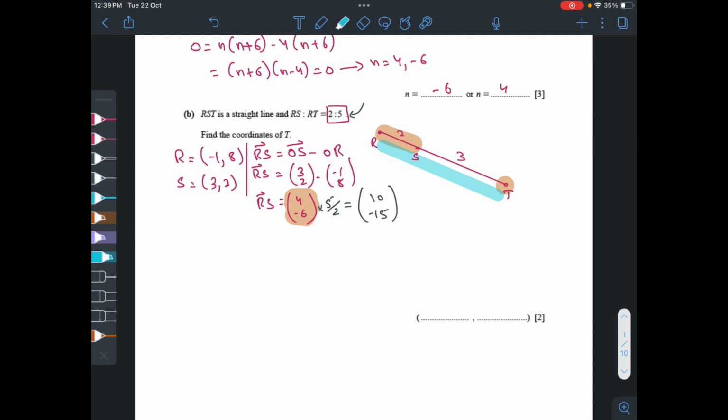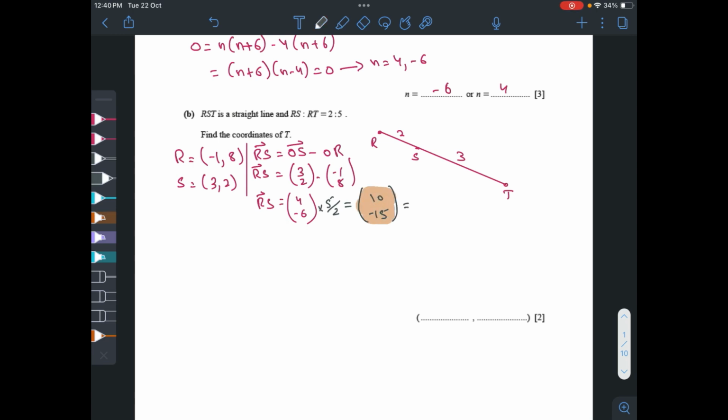The reason I multiplied by 5/2 is because if I multiplied by 2/5, then RS would become even smaller, and that does not equal RT. Therefore, I flipped the ratio and multiplied by 5/2 so that I can get the vector RT.